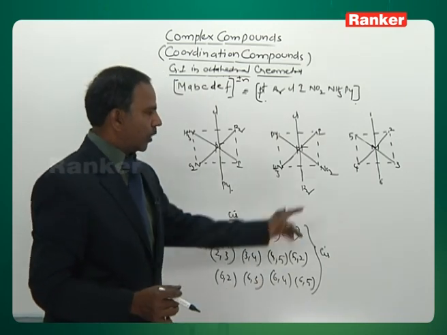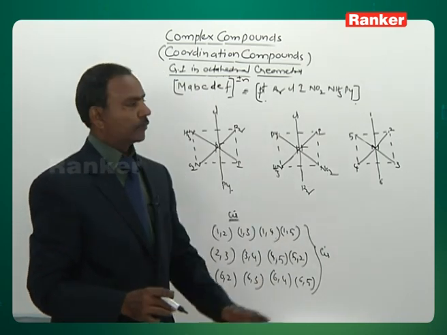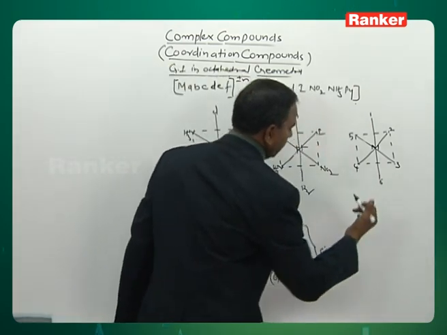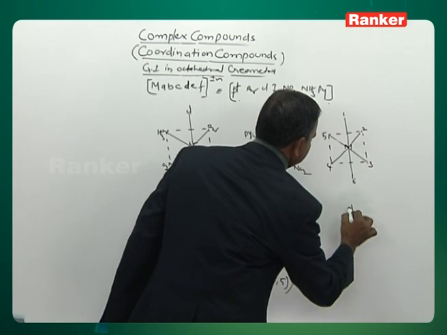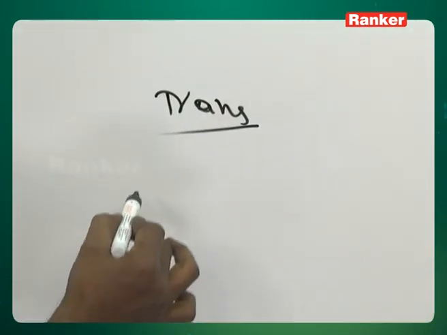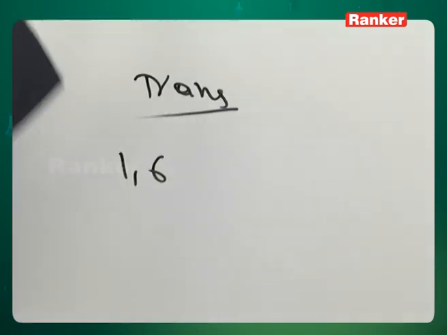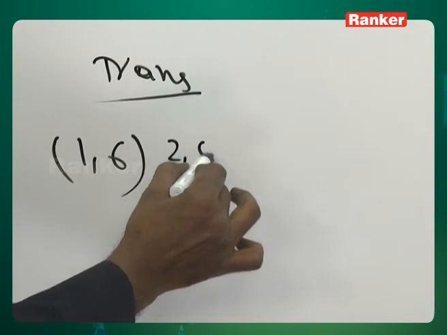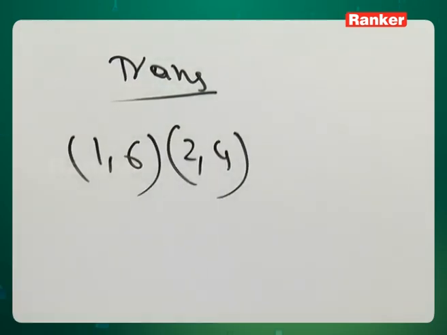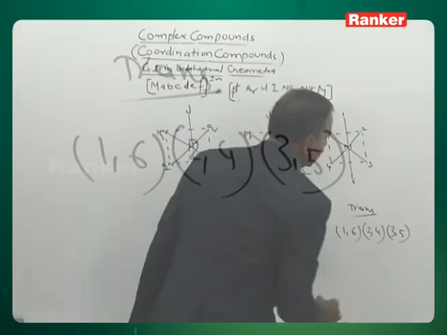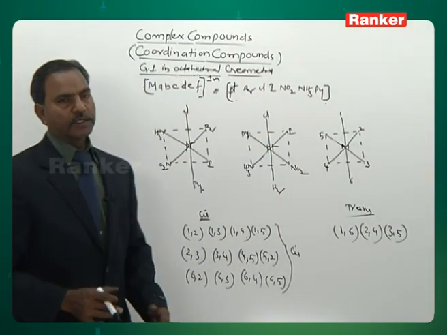So 12 plus 3 is 15. 12 cis isomers, and trans only 3 isomers: 1 6 trans, next 2 4 trans, next 3 5 trans. Like this, total 15 isomers.